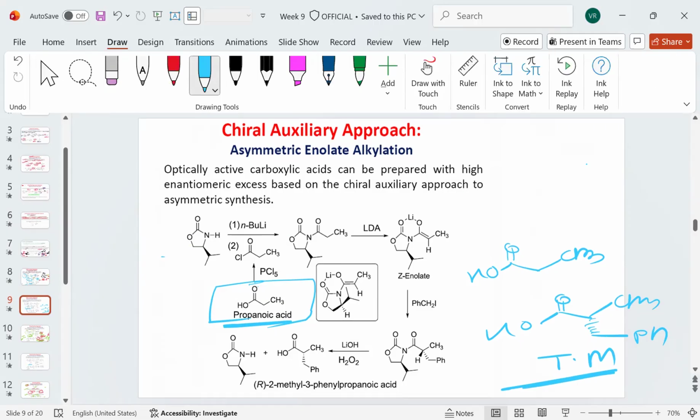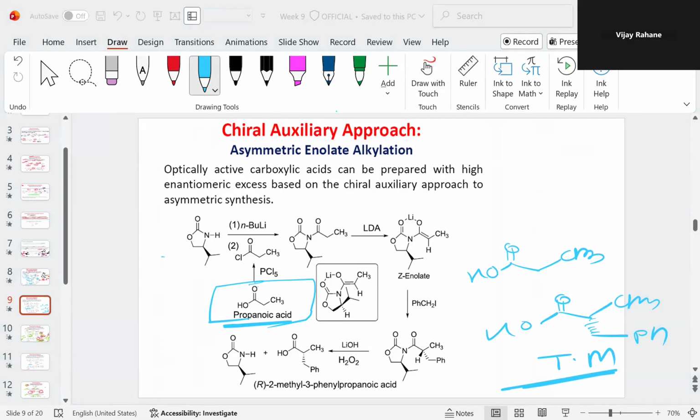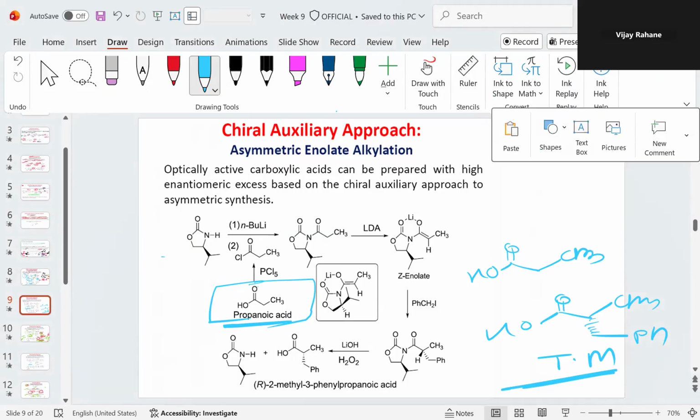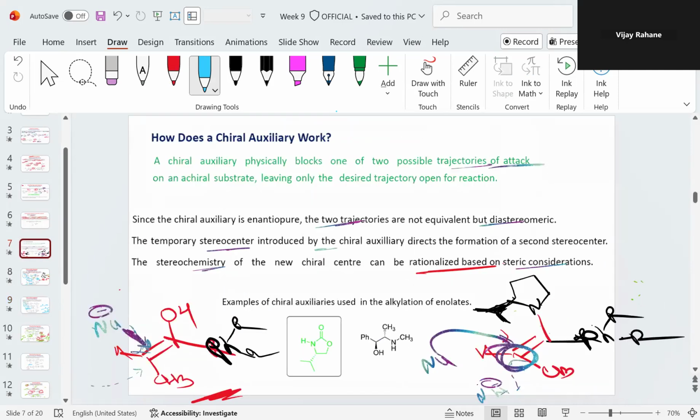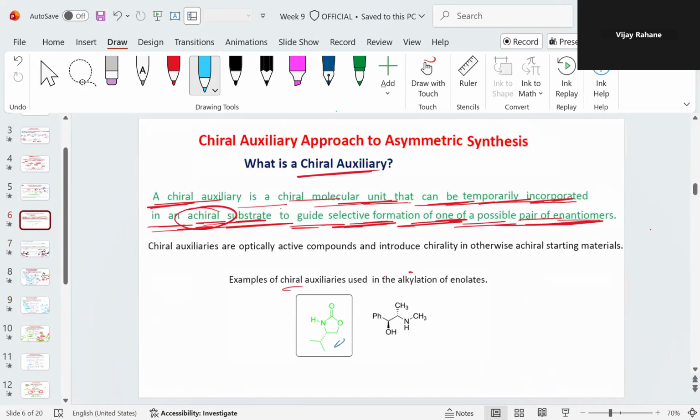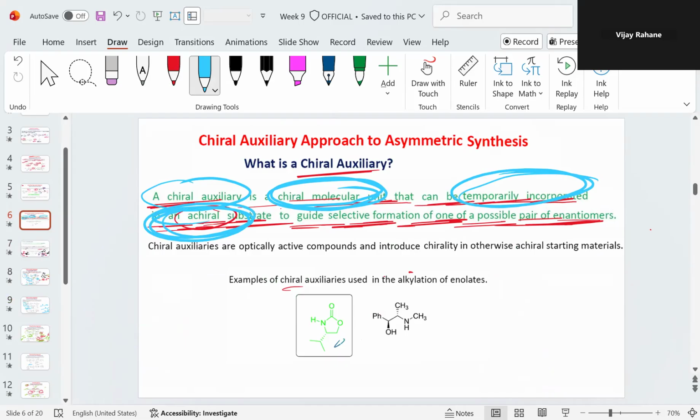Then how can we do this synthesis? Basically, we can add the chiral auxiliary on this propionic acid, the starting material. How can we add it? We have the acid center. We can convert that to the acyl chloride and add this chiral auxiliary. So this is the chiral unit. What I have mentioned is that the chiral auxiliary is basically a chiral molecular unit that can be temporarily incorporated into the achiral substrate.